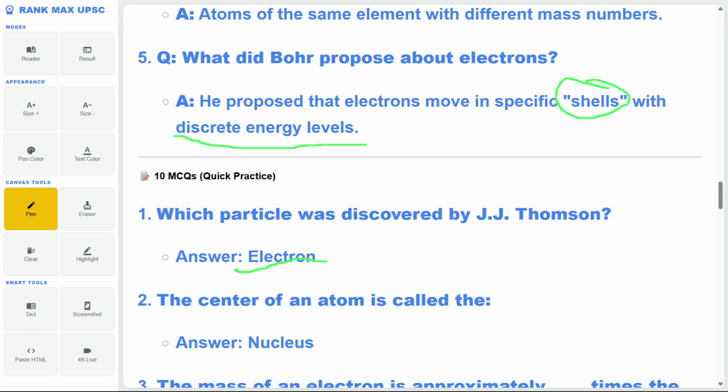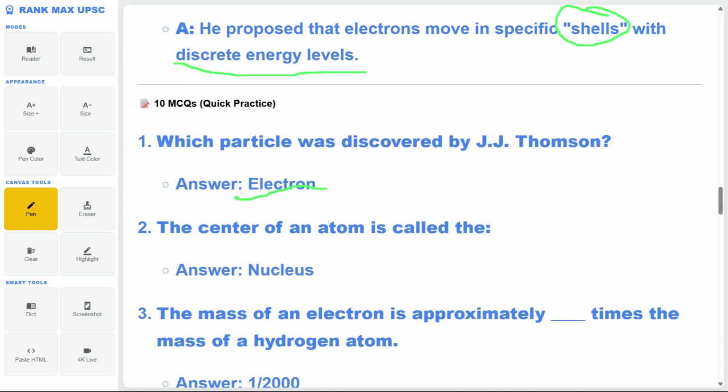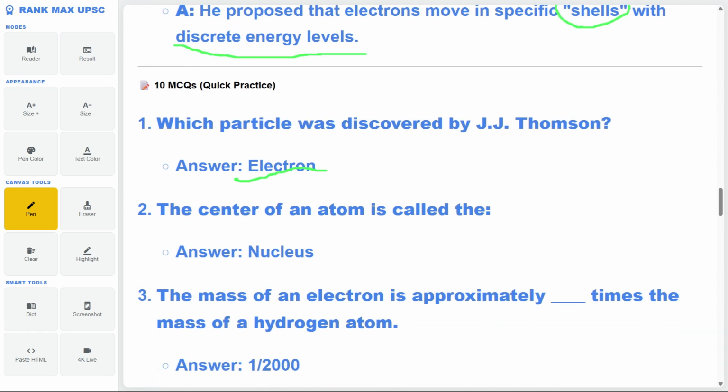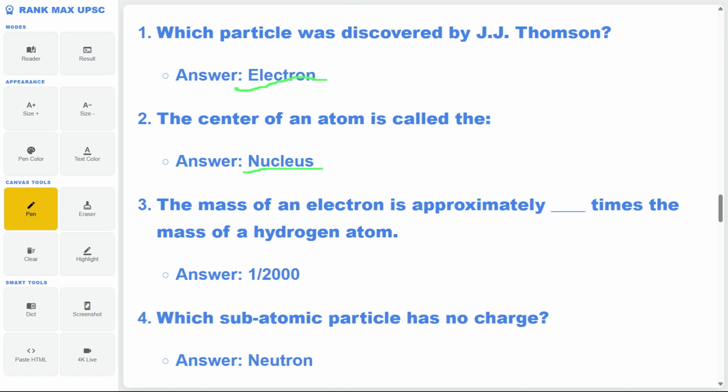Electron. The center of an atom is called the nucleus. The mass of an electron is approximately dash times the mass of a hydrogen atom. 1/2000.